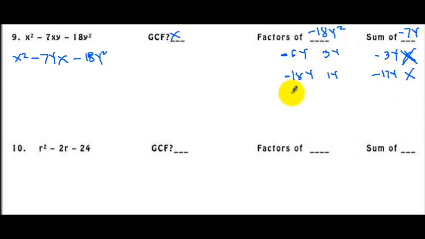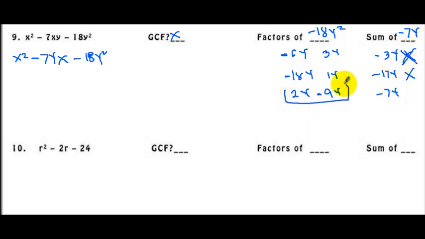What about 2y and 9y? One of this should be negative. The one that's negative should be the one that has the greater absolute value, which is 9y. Now, let's check. 2y times negative 9y will give us negative 18y squared, and if you add these two together, you are going to get negative 7y, which is the expression that we need.